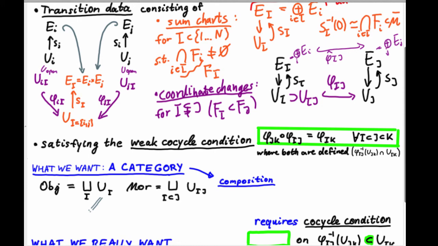That doesn't say anything about UIJs. Not yet, right. If there were no obstruction spaces, then this would be the entire cocycle condition, because it would have to hold on the domain where both are defined, and there's only one way of saying the cocycle condition in the setting for manifolds.